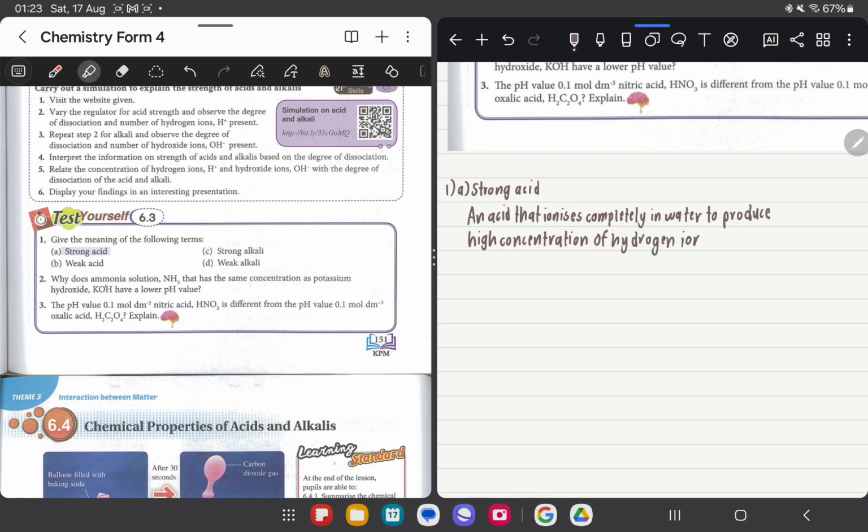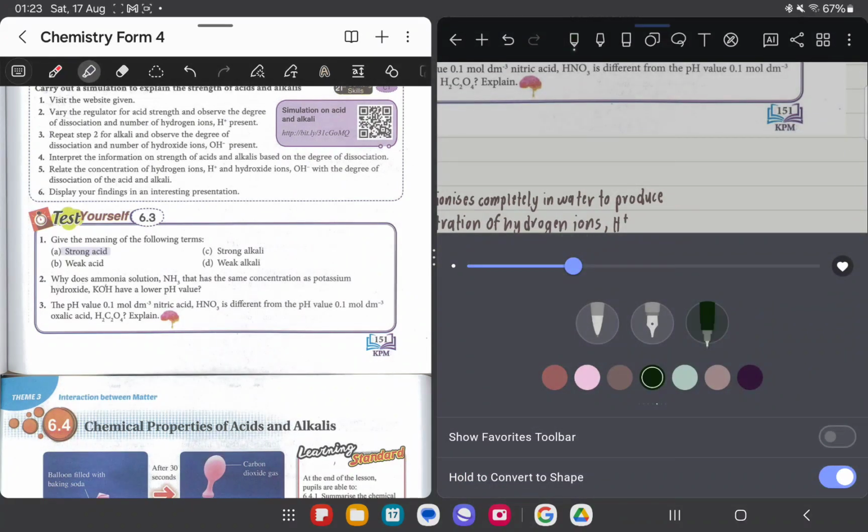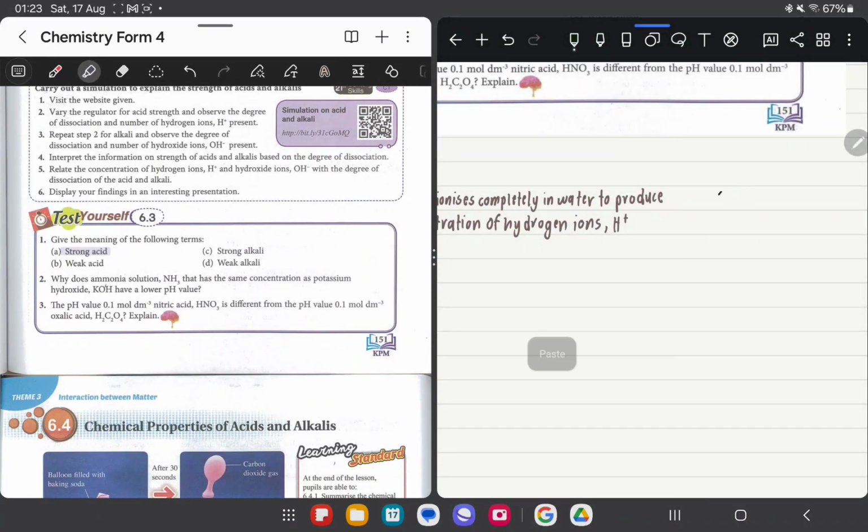Later I will show you how the answer scheme looks like. Remember that there are keywords. If they say strong, then the keyword is completely. If they say weak, then the keyword is partially. If they say acid, the keyword is hydrogen ions.